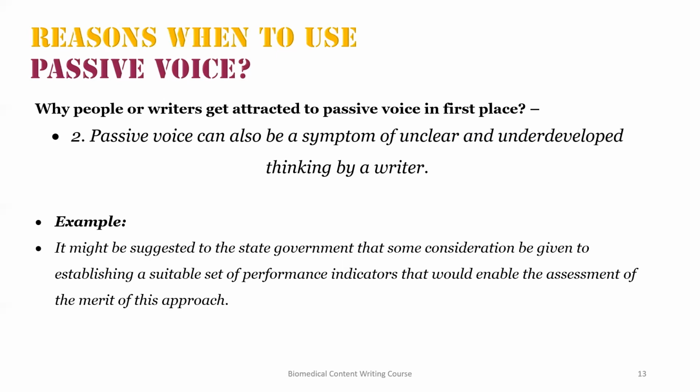But who has given this suggestion? Why has it been given? What has been done? There is no human part existing in this sentence. And that is why this sentence gives the impression that the writer is unclear or has not fully developed their thinking about the subject they are talking about.